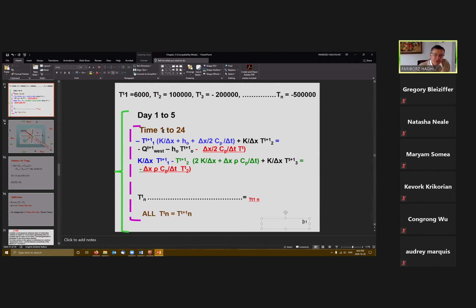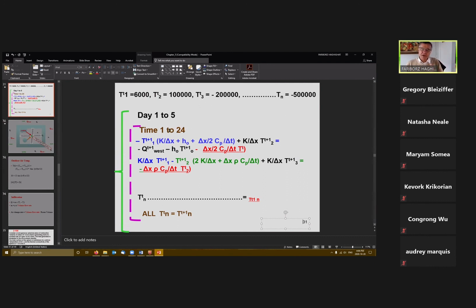As I mentioned, when you would like to calculate at 1 o'clock, you need to know what was the temperature at 24. You do not know because you're just starting the program. Therefore, we assume some temperature at the beginning, doesn't matter what temperature it is. But when you go through this loop from time 1, which becomes 1 o'clock in the morning, you need the temperature at 24 hours. Therefore you put this initial value here.